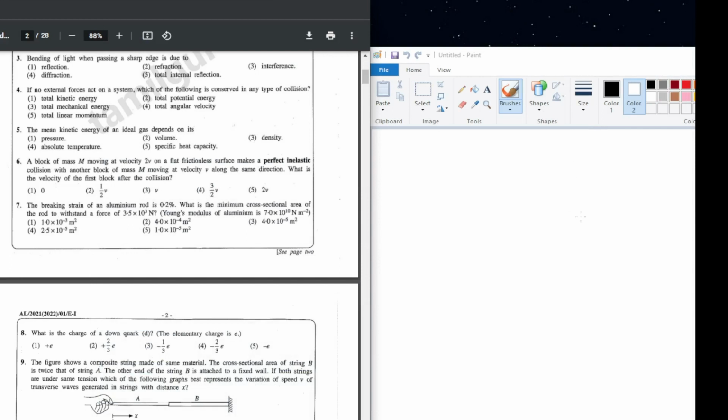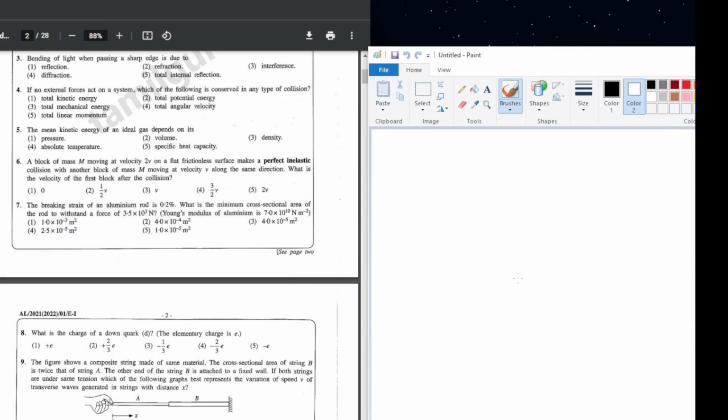Question number 9. The figure shows a composite string made of same material. The cross-sectional area of string B is twice that of string A. The other end of string B is attached to a fixed wall. If both strings are under same tension, which of the following graphs best represents the variation of speed V of transverse waves generated in string with distance x?